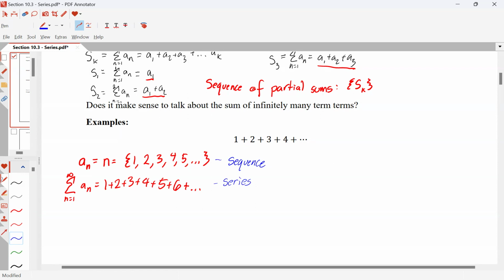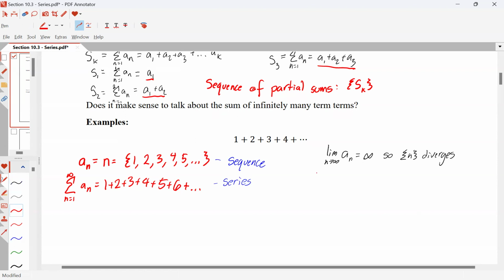Last time we were able to talk a lot about the sequence converging or diverging. And we know this sequence, the limit as n goes to infinity of a sub n, is infinity. So the sequence n diverges. That's what we talked about most of the last section.